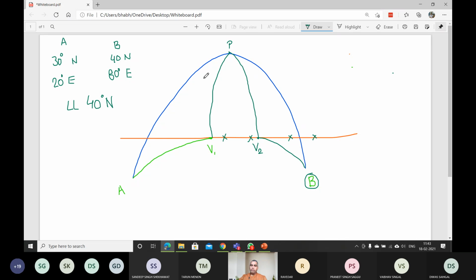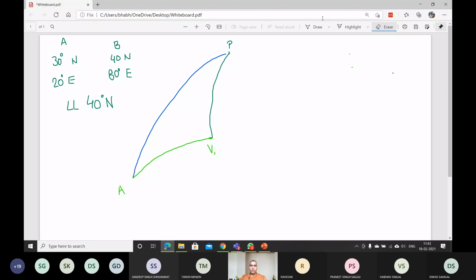Now the diagram will get modified here, since our destination port is at the limiting latitude itself. Let me modify the diagram now. Let's erase the unnecessary items here. Let us draw the limiting latitude.